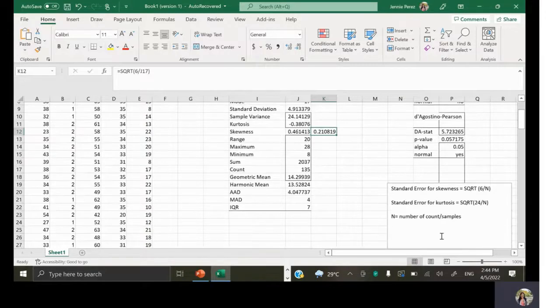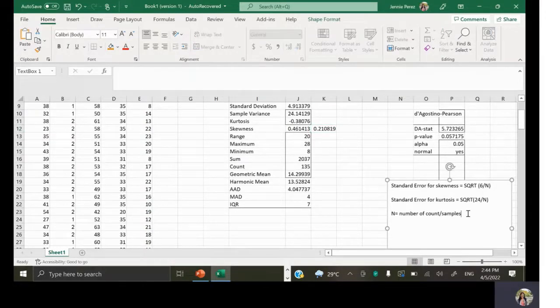So again, the formula for the z-value for skewness is z skewness is what? Skewness value over standard error for skewness.